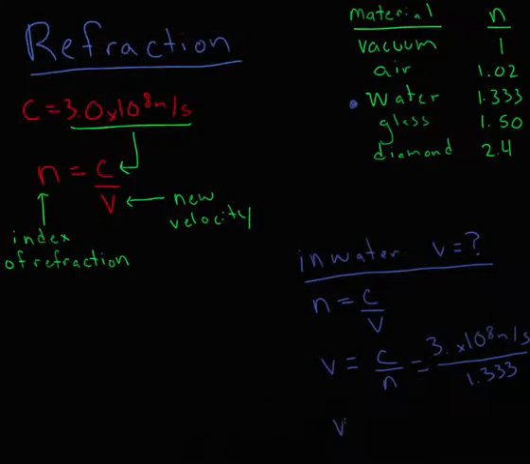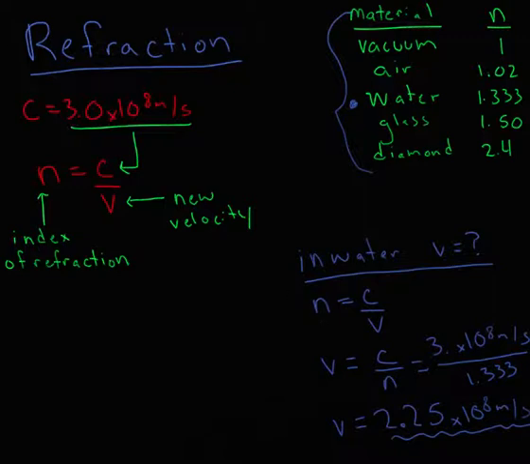So our new velocity in water is 2.25 times 10 to the 8th meters per second. This is how fast light travels when it enters into water. So it slows down quite dramatically, from 3 to 2.25, so almost a third. We could do this with any of these materials up here, and determine how fast light travels when it goes into this new material.